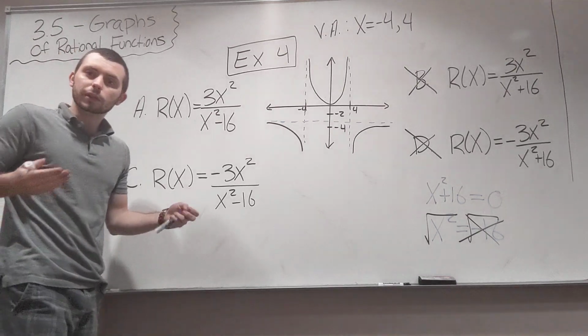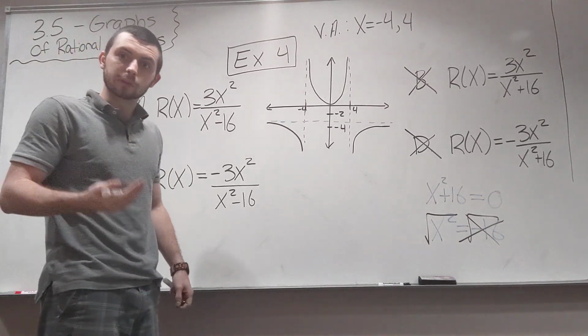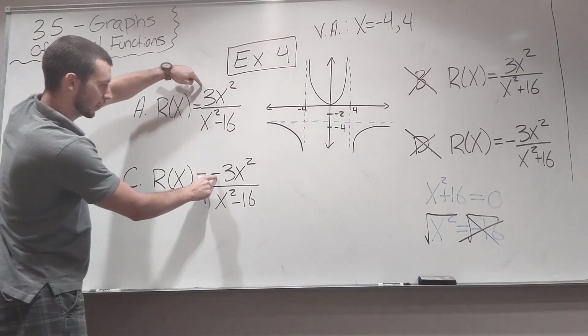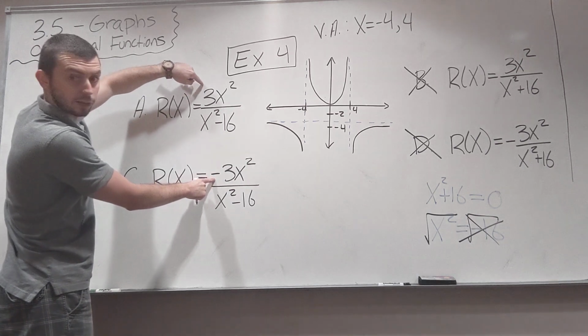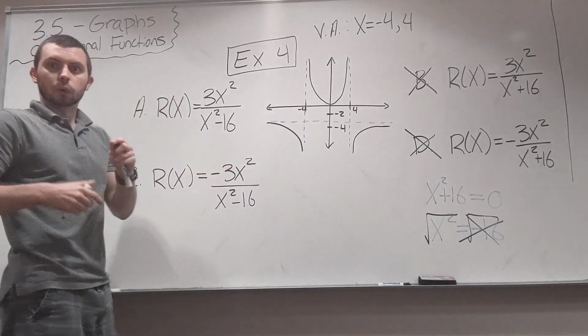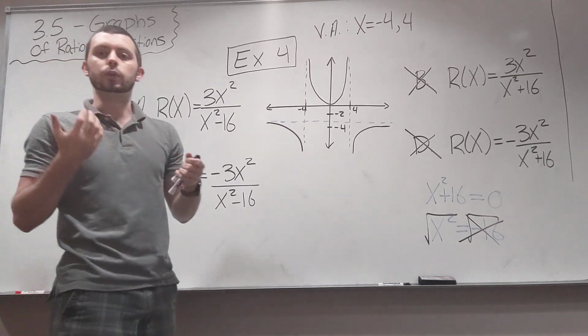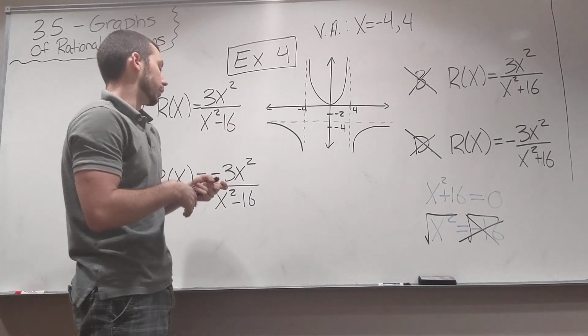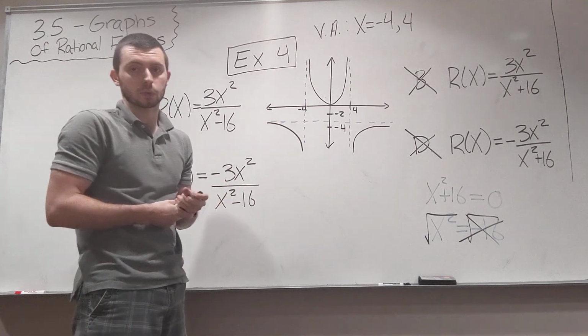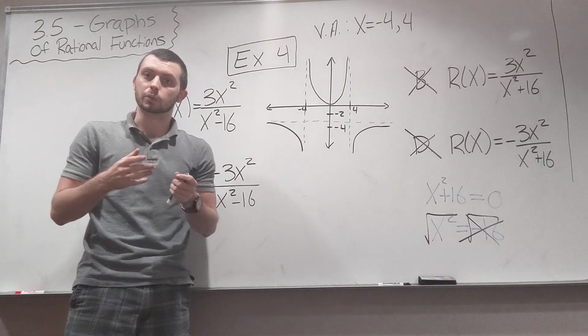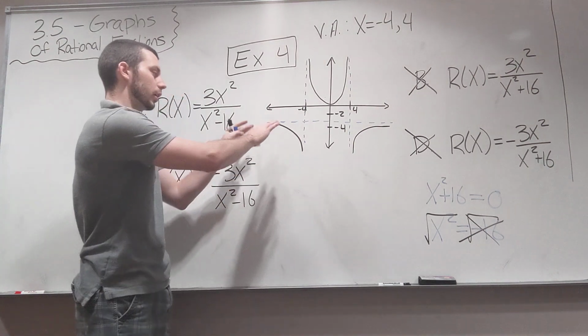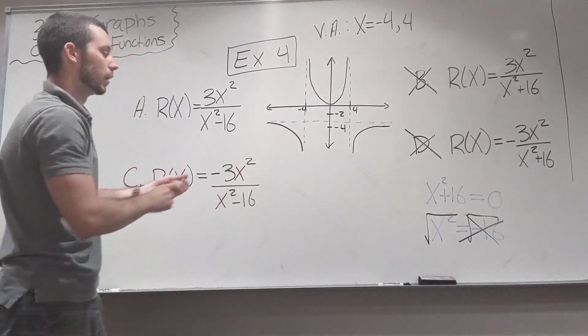Now notice the only difference between choice A and choice C is this lingering negative sign, or lack thereof. And so now we need to use that to determine the horizontal asymptote. That will help us distinguish between the choices.